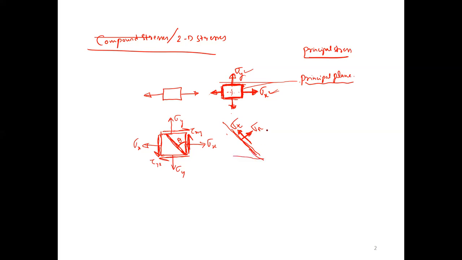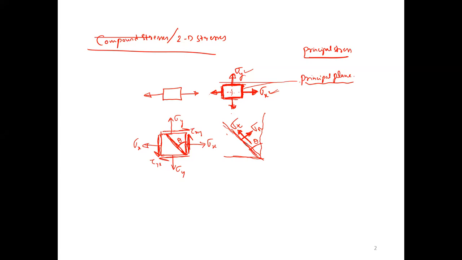Just observe here, this is your figure diagram. I just expanded this. This is theta. Now this is the plane. It does not have shear stress. So for this kind of problem, you may expect the principal plane inside the body.